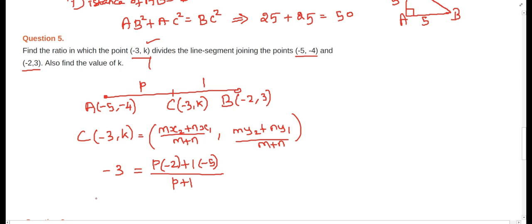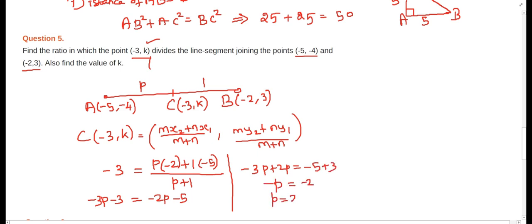So just cross multiply by p plus 1. So minus 3p minus 3 is equal to minus 2p minus 5. So minus 3p plus 2p is equal to minus 5 plus 3. So minus p equal to minus 2, p equal to 2.